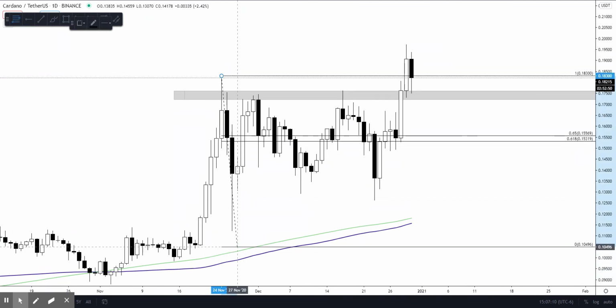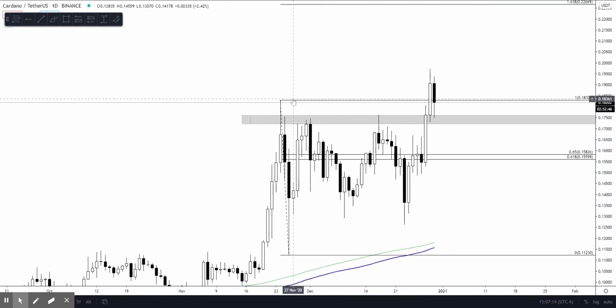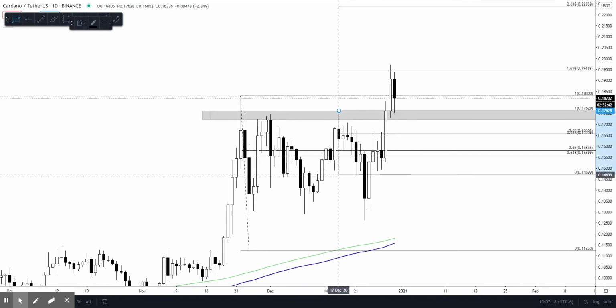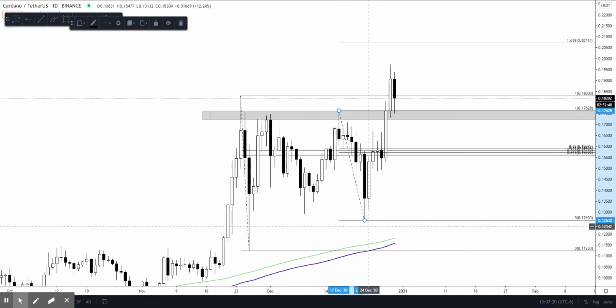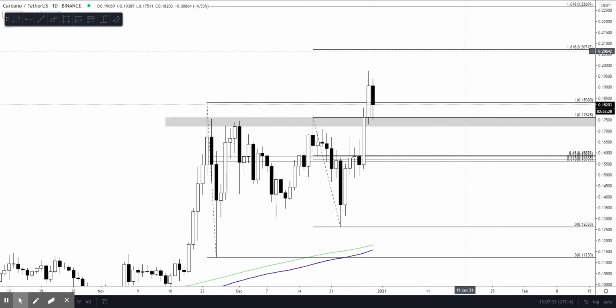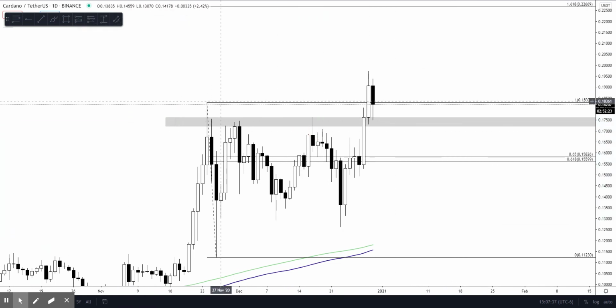So I can draw this fib, and that is the high to low of the previous consolidation. And because I don't know, I'm also going to draw this fib, and the reasoning behind that is this is just the most prior high to low to the breakout. Okay, so in my opinion, they're both relevant. If this 1.618 doesn't get respected, then I'll delete this fib and I'll look for the other one to get respected. But at the moment, I want both.